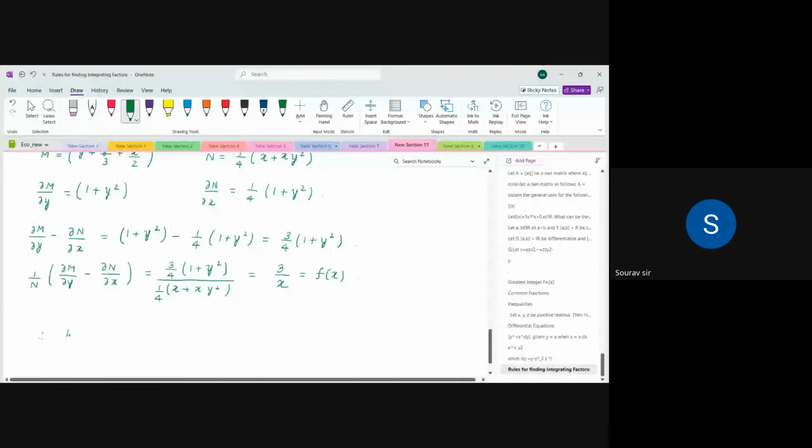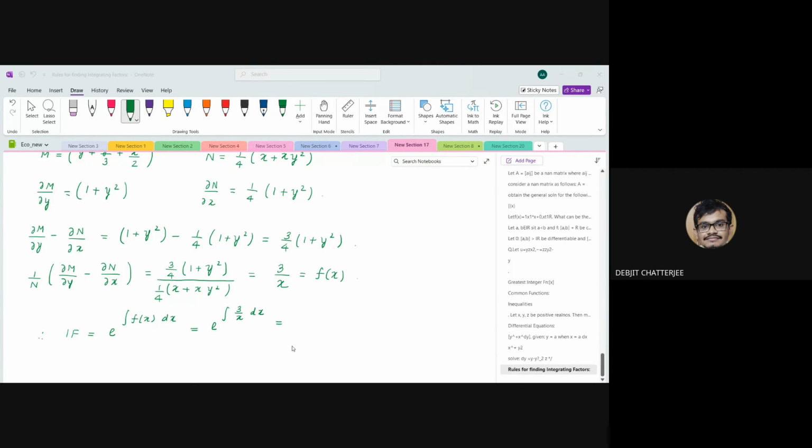So that means your integrating factor will be e raised to the power integration of f(x) dx, that is e raised to integration of 3 by x dx. So what are we getting? Mod x whole cube. Perfect.